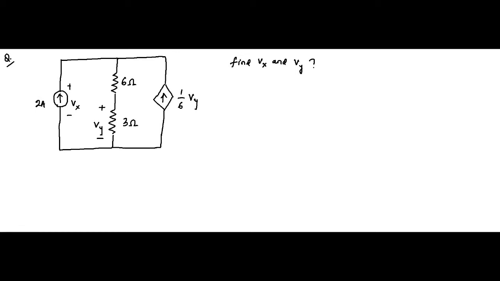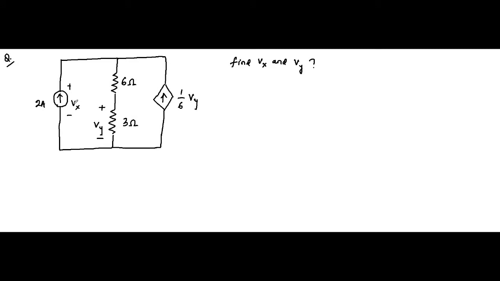Hello friends, so we'll continue our discussion related to KVL and KCL application in circuits involving dependent sources. So this is another circuit that we have, and here we have been asked to find the voltages Vx and Vy. See, here in this circuit we have dependent sources.